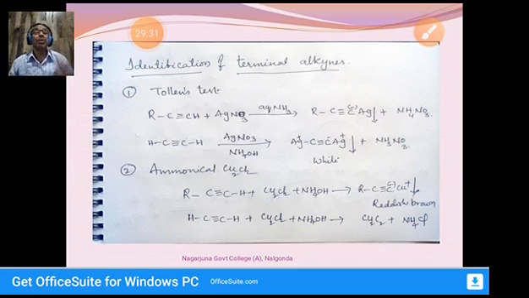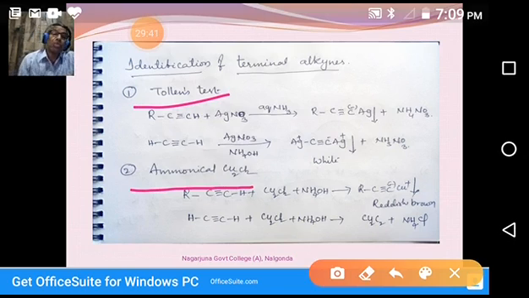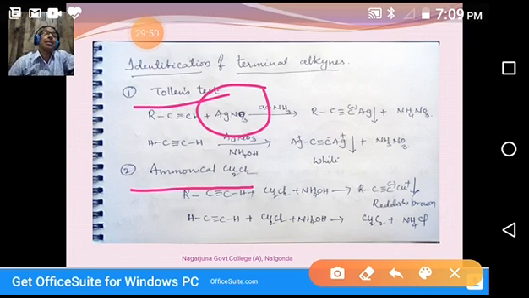By using two tests. One is the Tollens test, the reaction with ammoniacal silver nitrate. What is Tollens reagent? Ammoniacal silver nitrate is called Tollens reagent, that means AgNO3 and aqueous ammonia, ammonium hydroxide. The mixture of these two we call Tollens reagent.